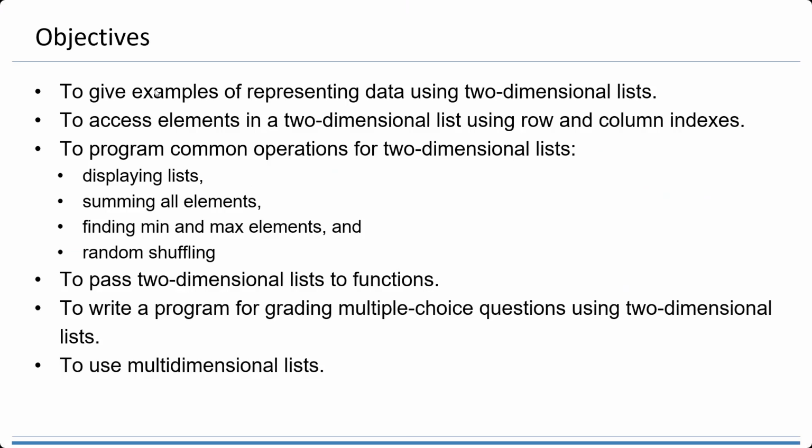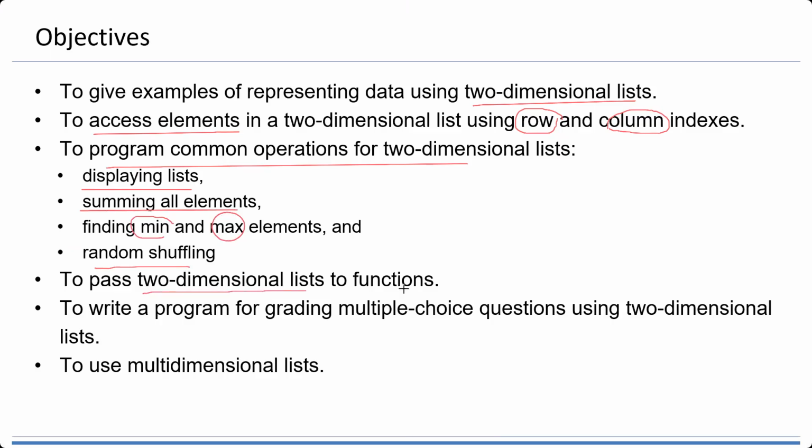We are going to look at how we can see the two-dimensional list, and how we can access the elements. Every element that we have in the two-dimensional list is accessed by the row and the column. We are going to look at some operations, for example, how to display the list, how to sum all the elements, how to find the minimum, how to find the maximum, and how to do random shuffling.